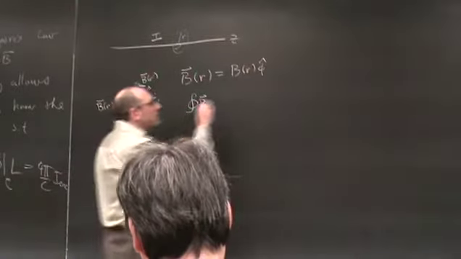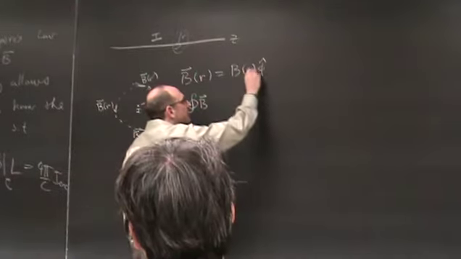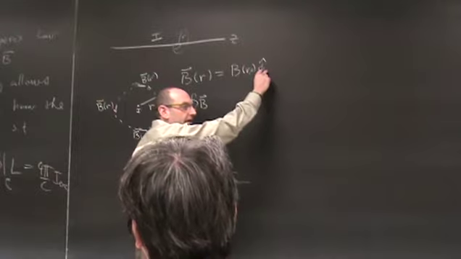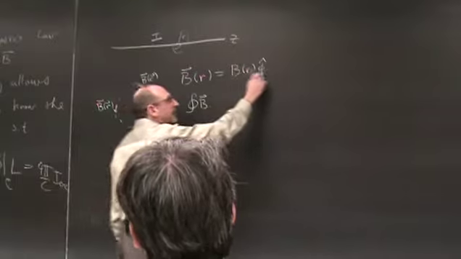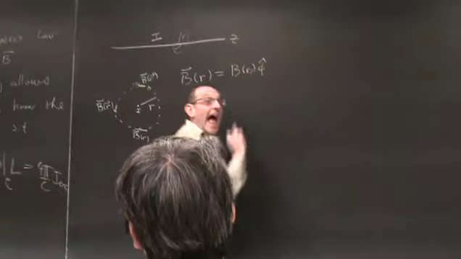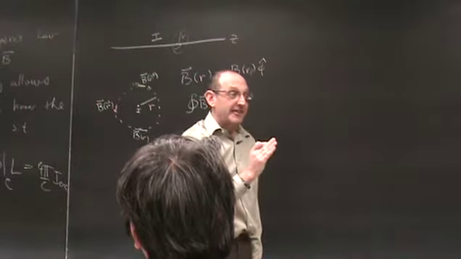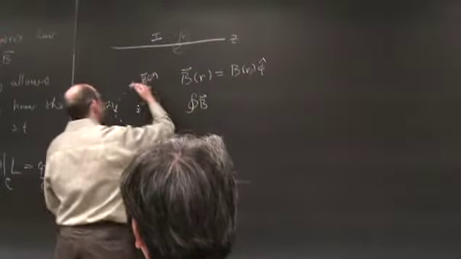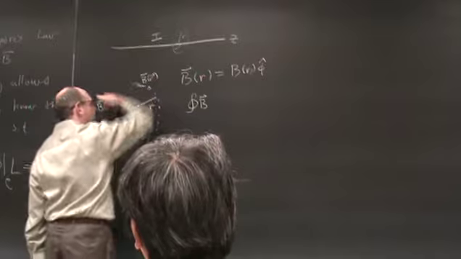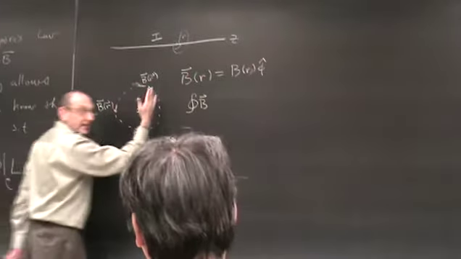Now it's really not quite true, because it depends on phi in the sense that phi hat is a vector that depends on position. Phi hat is this vector over here, it's that vector over here.